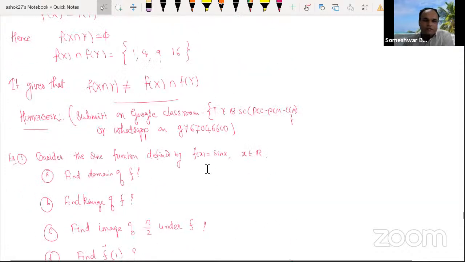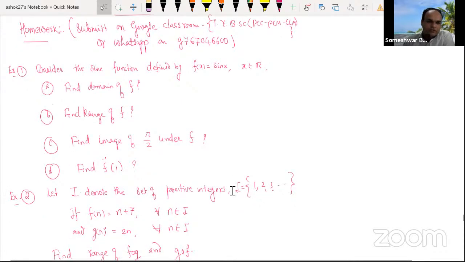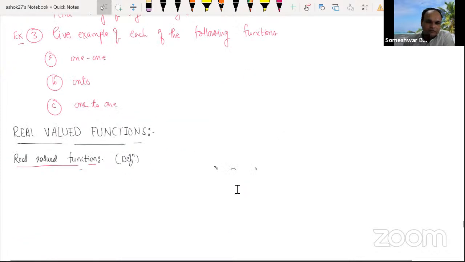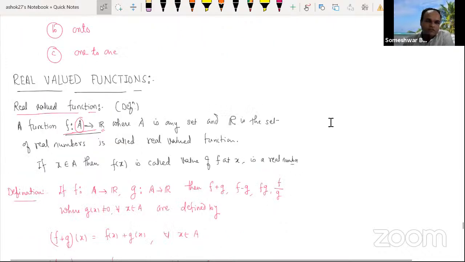After that I gave you some homework, three examples as homework for you. I hope you all have done these examples at home. Then we saw real valued functions, and we defined a real valued function.